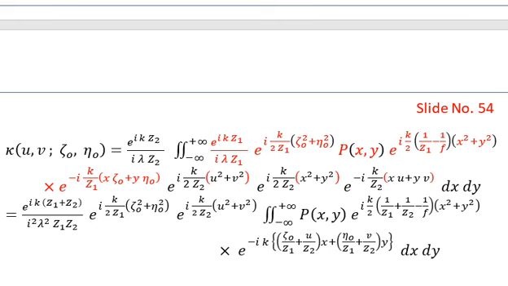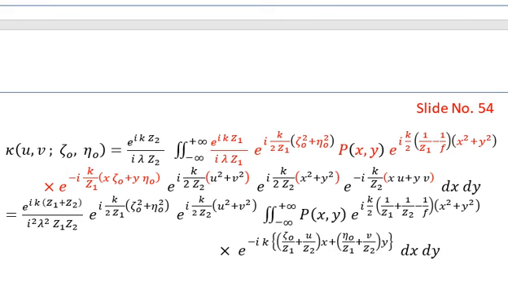For example, we also have some terms within the integral, e to the power minus iota k, within the curly bracket we have u naught over z1 plus u over z2, and this whole bracket is multiplied by x, plus eta naught over z1 plus v over z2, and this whole bracket is multiplied by y.